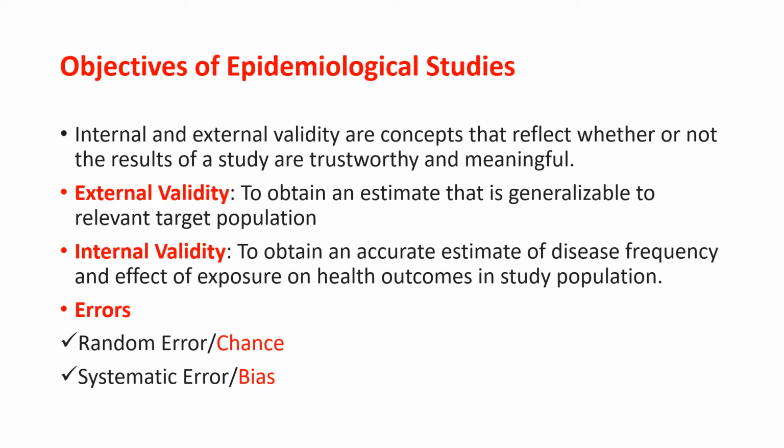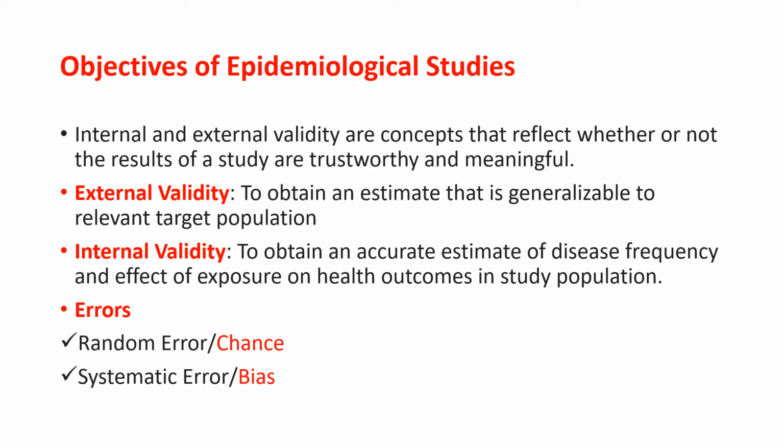That is, it measures accurately the disease picture in question in that particular study population. So how near it is to the true picture is how internally valid the study is. But in all these efforts to get the study valid, both externally and internally, there are always chances of errors to creep in.